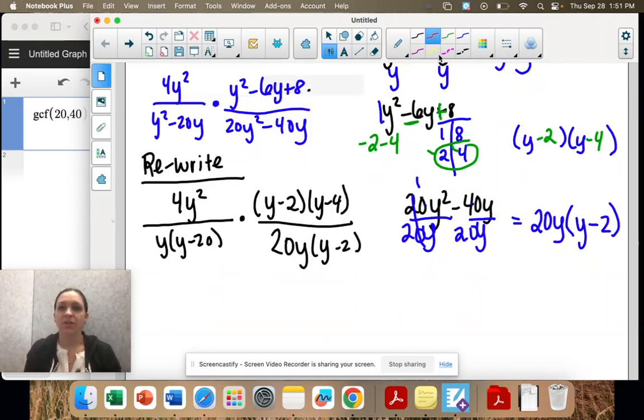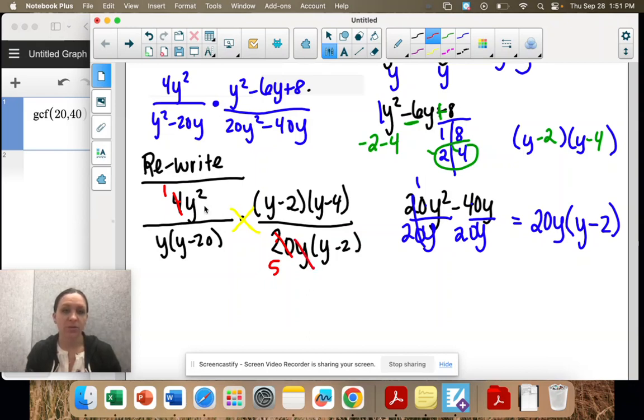Okay, now we're going to look cross. What can we cross out diagonally here? 4 and 20. Both divide by 4. 4 divided by 4 is 1. 20 divided by 4 is 5. Then I have 2 y's divided by 1 y.